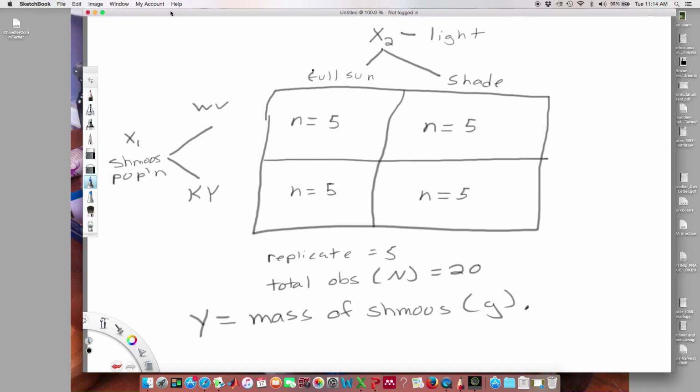If you're having trouble asking questions about the project or figuring out how many observations or replicates you have, try to draw it out, how it looks on your lab bench or in the field, and then translate that drawing into a statistical design.